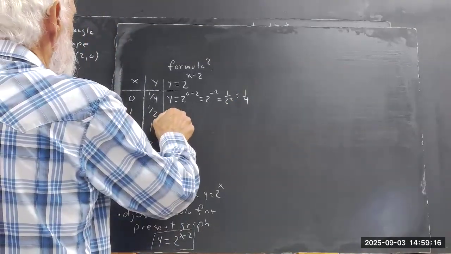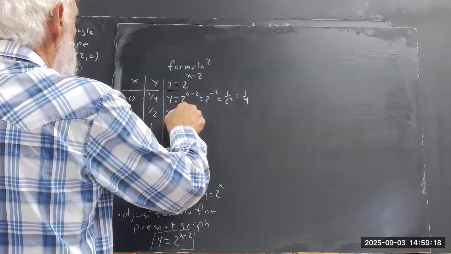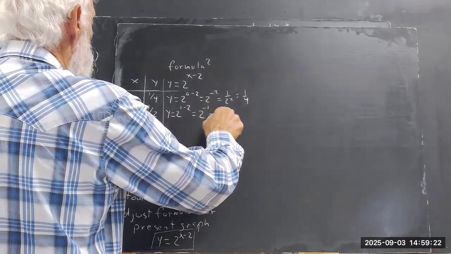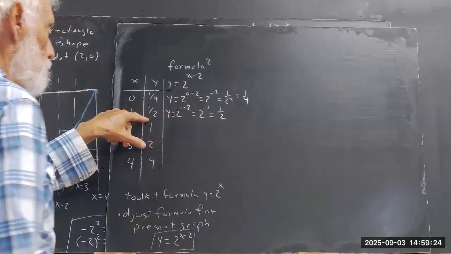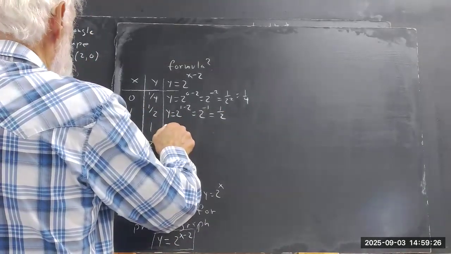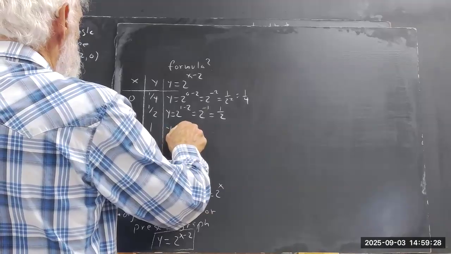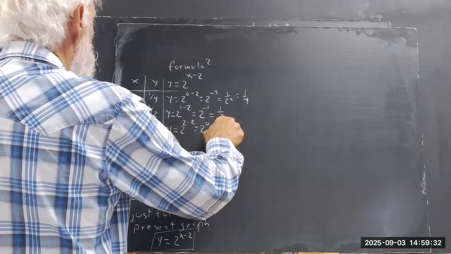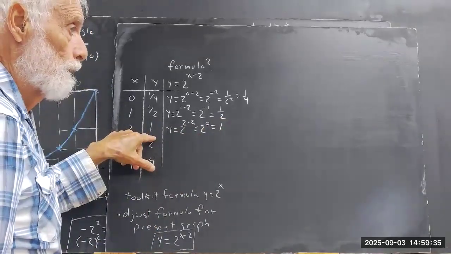If x equals 1, we get y equals 2 to the 1 minus 2, which is 2 to the negative 1, which is 1/2, which is what we want to get. For x equals 2, we get y equals 2 to the 2 minus 2. That gives us 2 to the 0, which is 1, which is what our graph shows us.